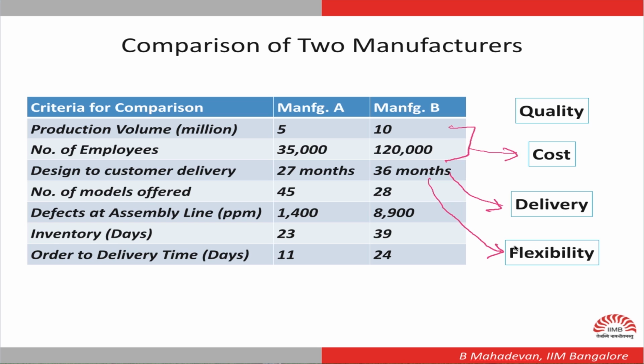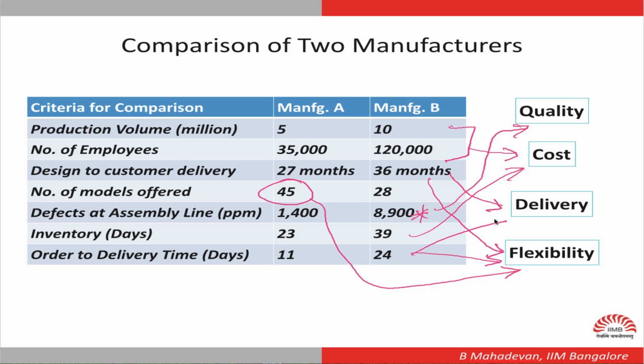Number of models of that product being offered, manufacturer A has much higher, 45, which means he is better off in terms of flexibility compared to manufacturer B. Defects at the assembly line, 1400 parts per million, whereas manufacturer B has 8900. This has a bearing on quality, right? Inventory has a bearing on cost. As we all know, greater the investment in inventory, the greater is the cost. Order to delivery time directly affects both flexibility and delivery.